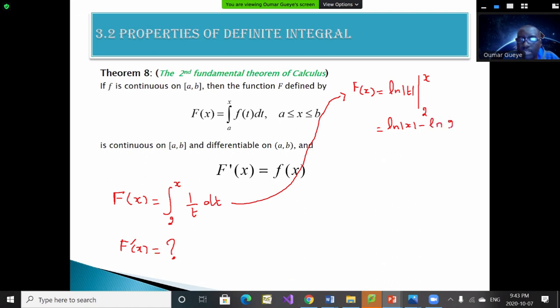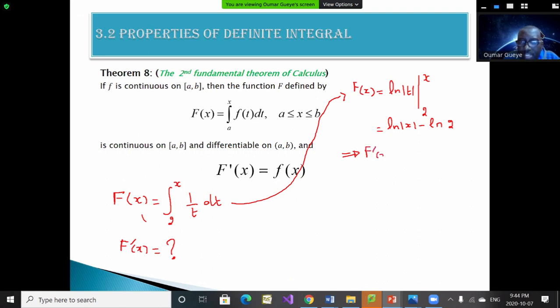In fact, the function that I got at the beginning, defined by an integral, is exactly equal to ln of absolute value of x minus ln of 2. Now we're ready to differentiate it. So when you differentiate it now, what's going to be the derivative?